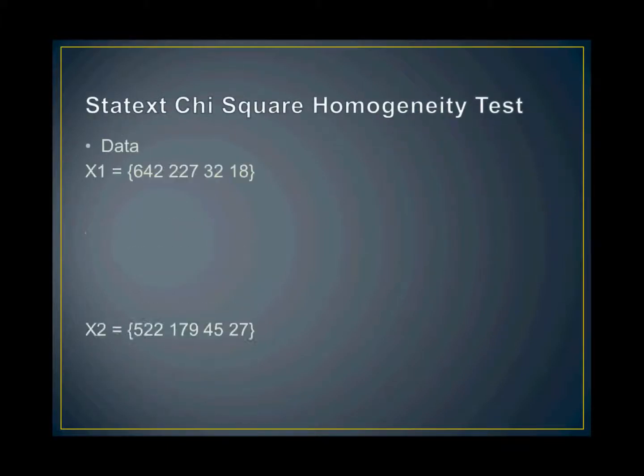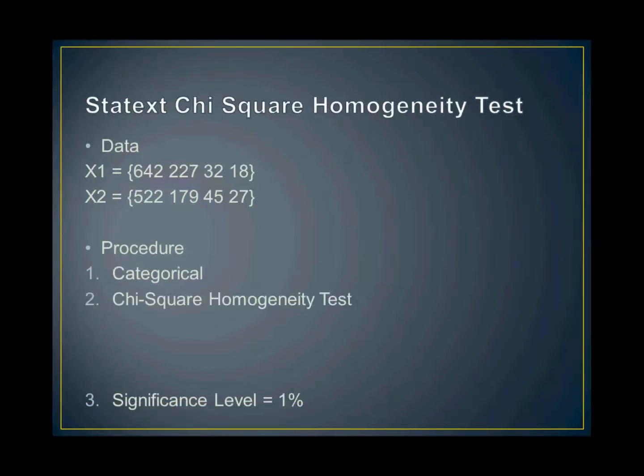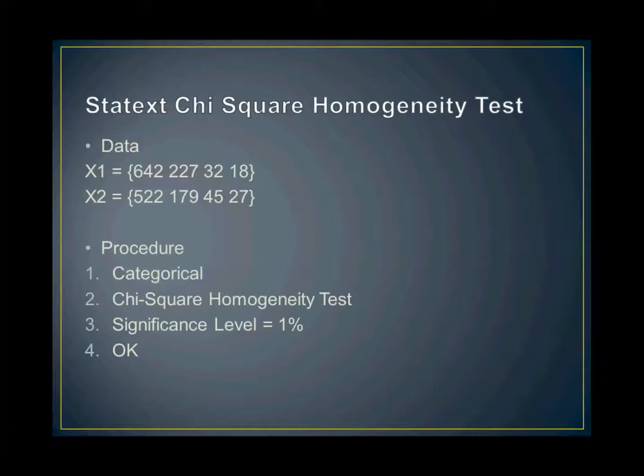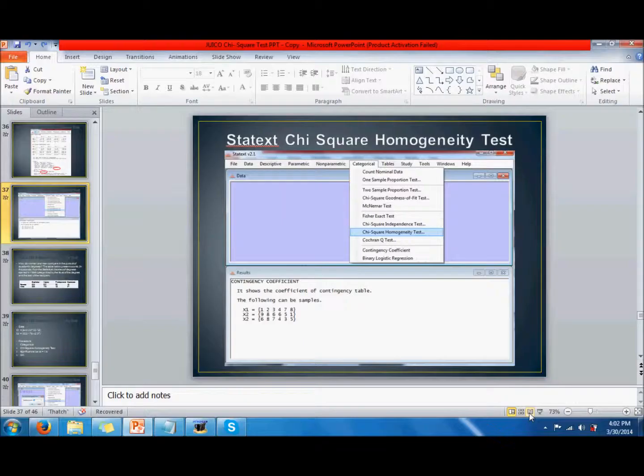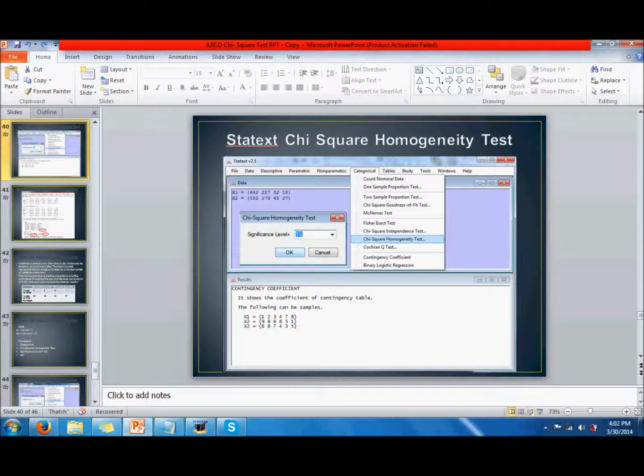I presented the data by copying it based on the rows, and then in the procedure I just used the chi-square homogeneity test and the level of significance, which is 1%. So let's try to do that using the Statext.